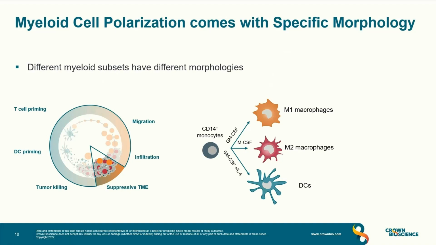So how would we model and study different types of myeloid cells? It's a very nice thing to make use of the different sizes and morphologies that they have. Here I illustrated that M1 macrophages are more round and flat, M2 macrophages are more spiky and less round, and dendritic cells are even more spiky.